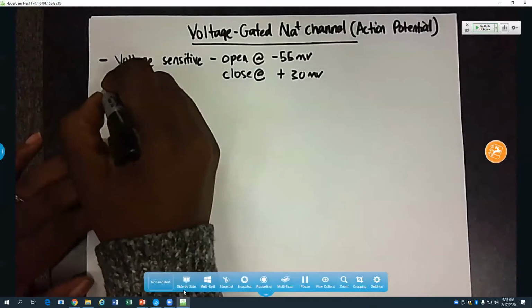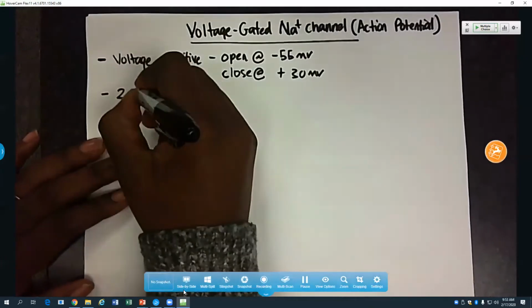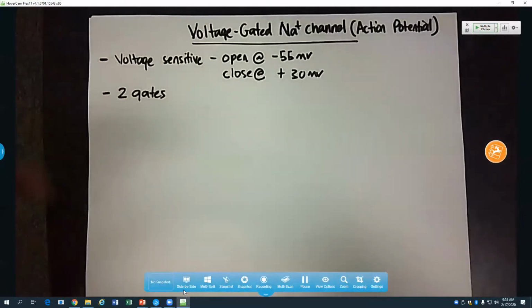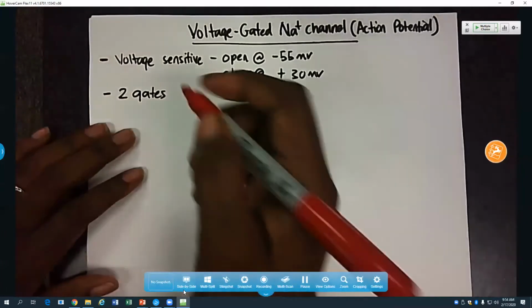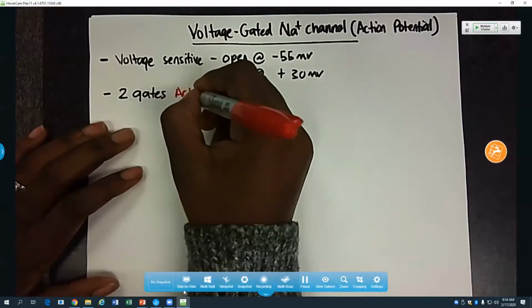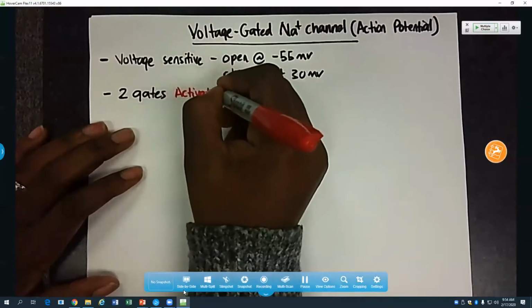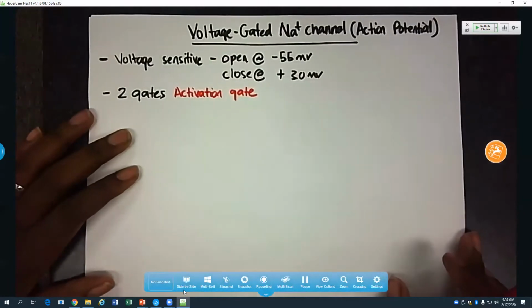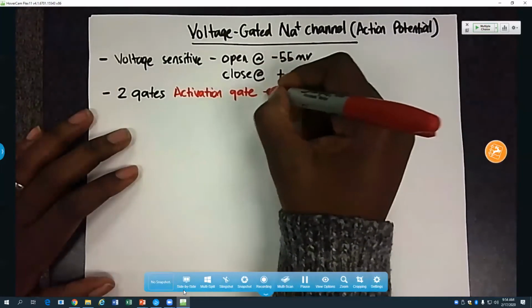We also want to remind ourselves that there are two gates involved with this channel. There's an activation gate that is voltage dependent.